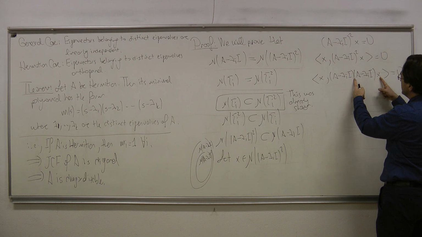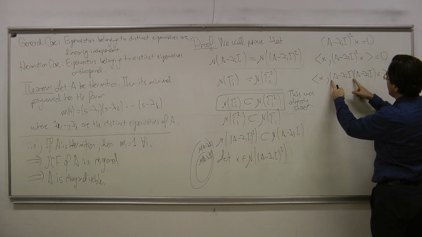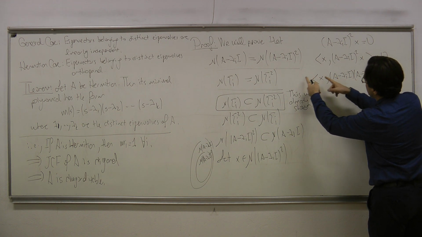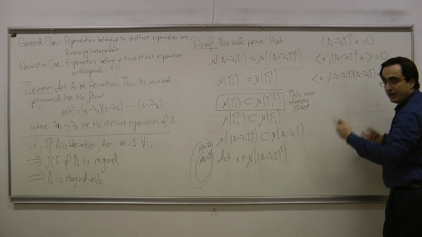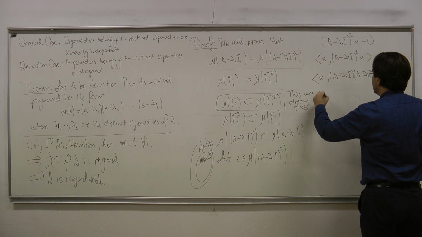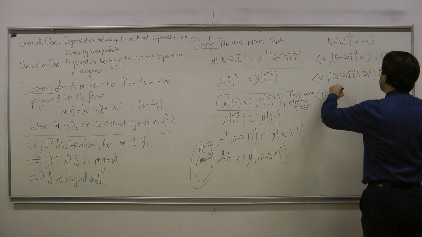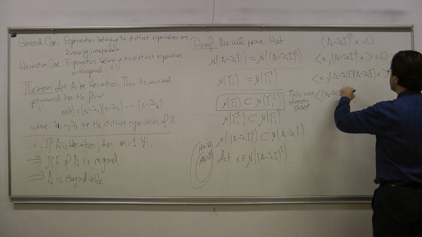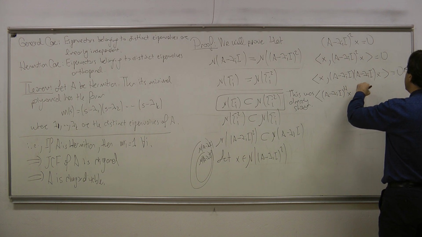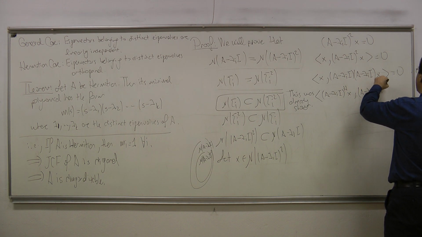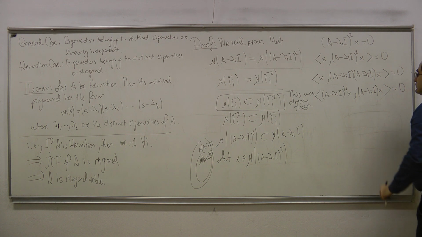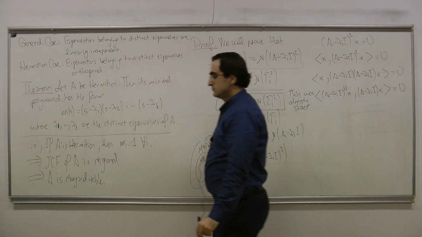This is another vector, and this matrix times this vector is in the second argument of the inner product. I will use the inner product property, and I will take this A minus lambda I identity to the first argument by taking its Hermitian. Okay? So (A minus lambda I identity) Hermitian times X, and (A minus lambda I identity) X is equal to 0. Okay? I have used the inner product property there.